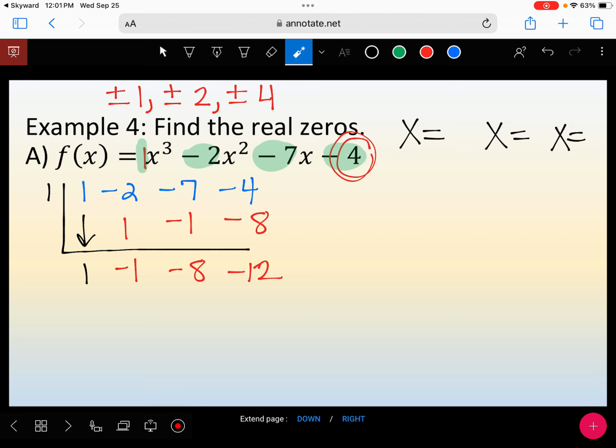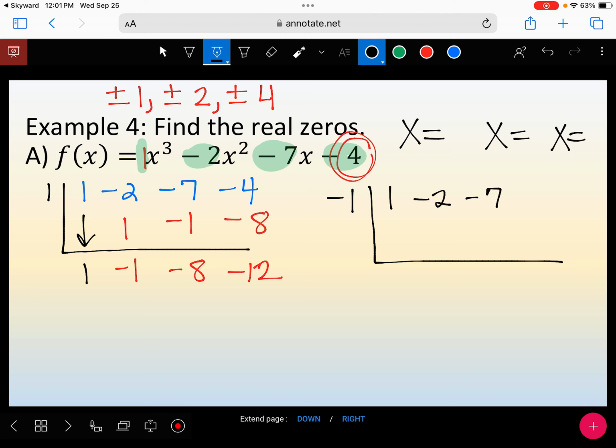So now we're going to test the next number, which is -1. Let's go ahead and test it out. So I'm going to do my synthetic division again. This time I'm putting a -1 out here. Go ahead and list your 4 numbers. We're going to do the process again. You always drop down the first number. Then you take 1 times -1. You get -1.